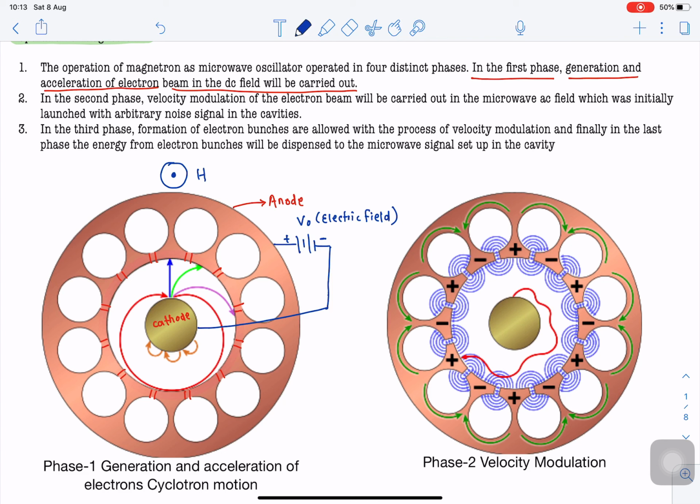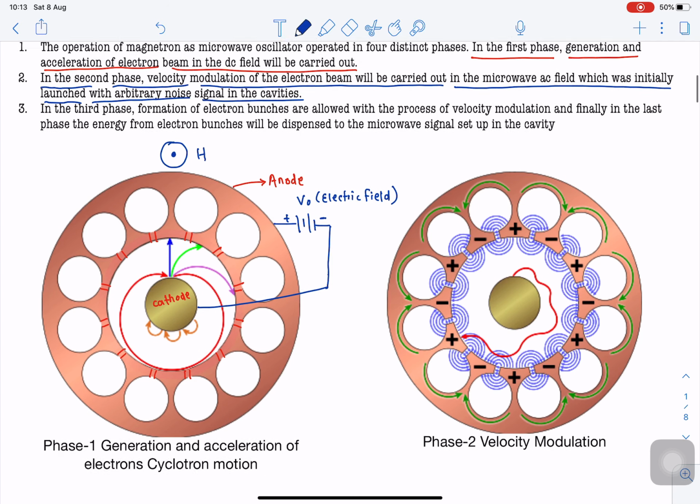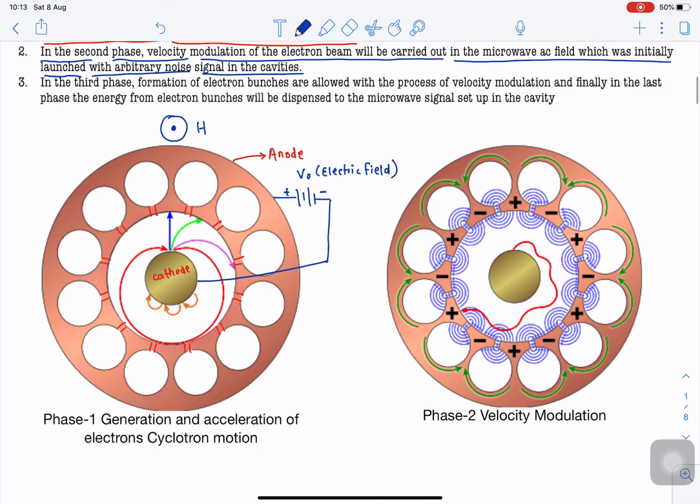In the second phase, the velocity modulation of the electron beam will be carried out in the microwave AC field, which was initially launched as an arbitrary noise signal in the cavities. So in the second step, the velocity modulation process is activated. How will it be activated?